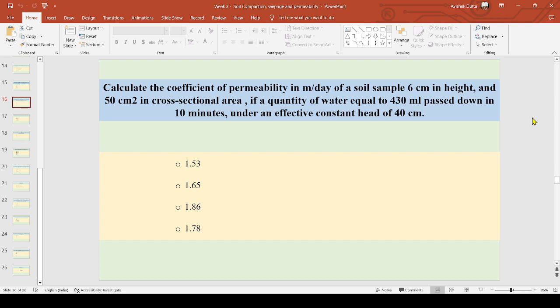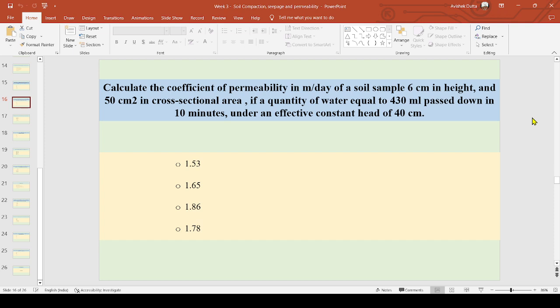Your options are 1.53, 1.65, 1.86 or 1.78. I'll repeat the question.